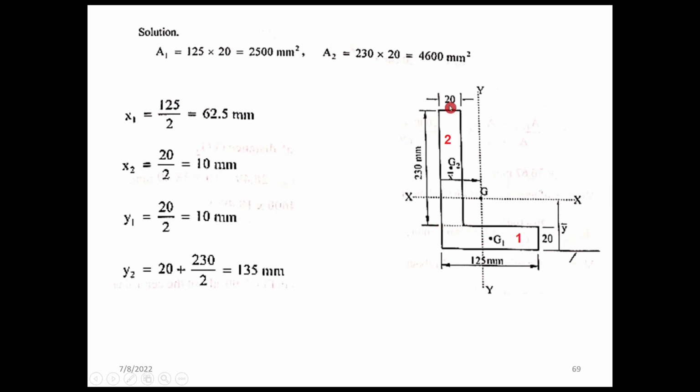For x2, 20 by 2, 10. Y1 in the vertical axis for area 1 is 20 by 2, 10, and for the second area it is 20 plus 230 by 2, as we are taking all with respect to the base reference axis.